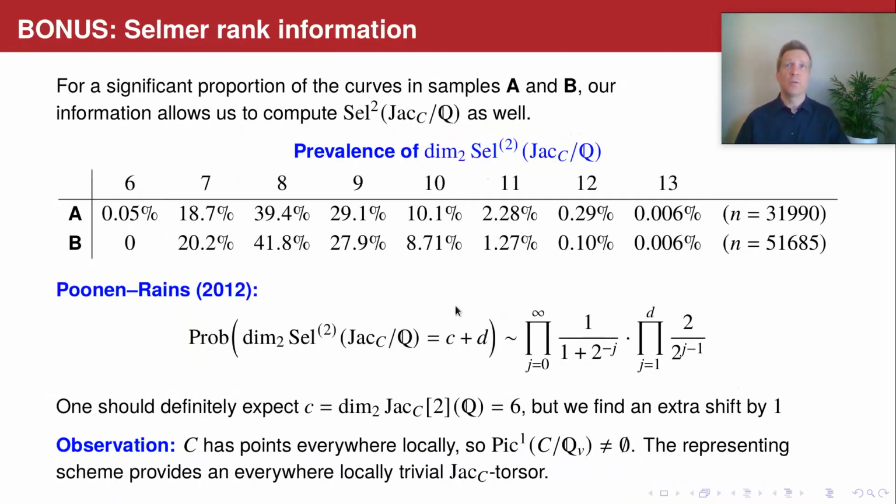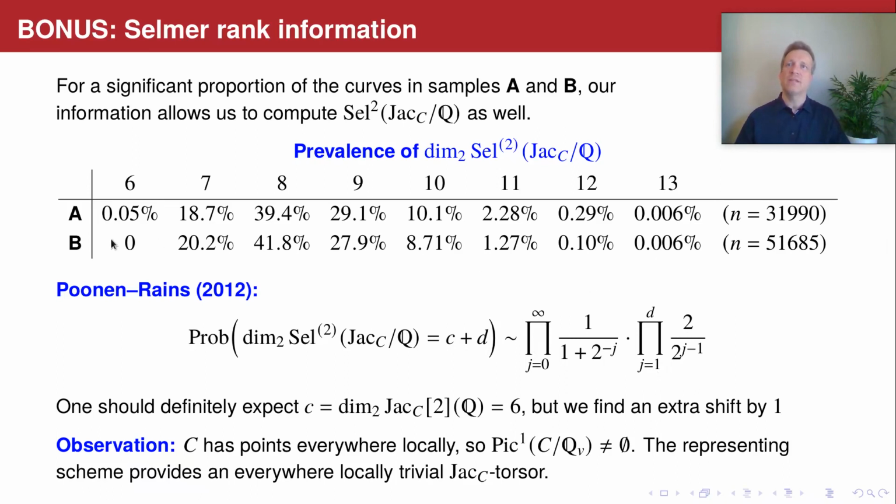As a bonus, we were also able to derive some information on the 2-Selmer groups of their Jacobians. We've plotted the distribution of the different dimensions as F2 vector spaces of these groups, and we compared them to the Poonen-Rains heuristic, which predicts that the distribution one should get out of these ranks is basically some base value C plus an excess size for which they conjecture a certain distribution.